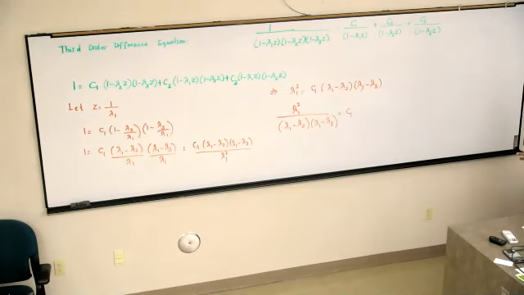Now we want to find C2 and C3 using a similar process. So to find C2, what would you use for Z? 1 over lambda 2. To find C3, what would you use? 1 over lambda 3. Let's give it a try and see what we get for C2 and C3. Very similar process.